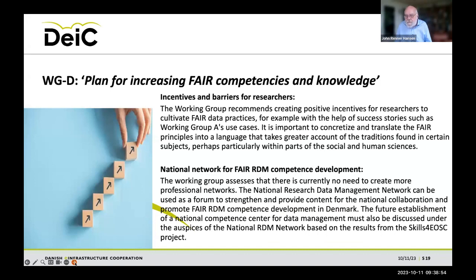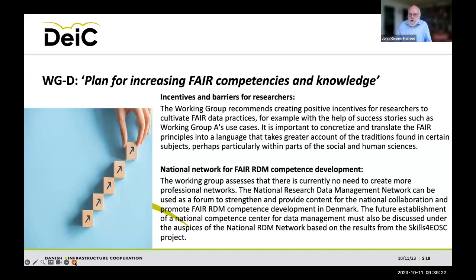And we have to make sure that there are incentives, and we have to break down the barriers for the researchers. And there are many ideas what to do about that, but good knowledge, as Bjarke said, it becomes more and more clear that FAIR is going to improve the value and the efficiency of research. And that is very important that we somehow know that across the nation.